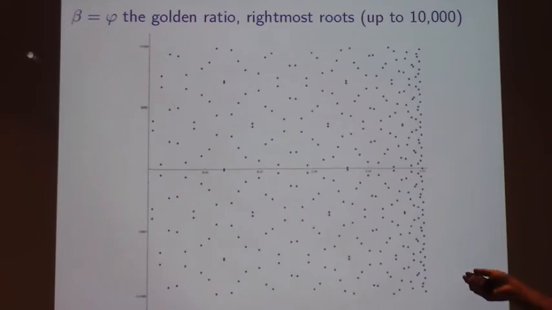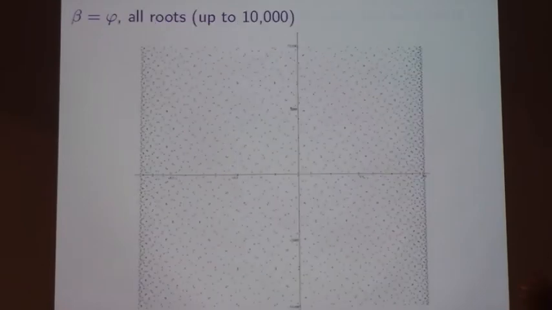So this is how it looks to the most right. Here you see this is 1, and this is 0.95, and this is 10,000, and this is minus 10,000. So you see a very nice strip. It has some structure. When you zoom out, you see that it has a very nice structure.